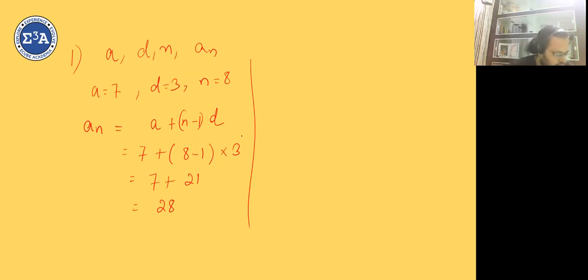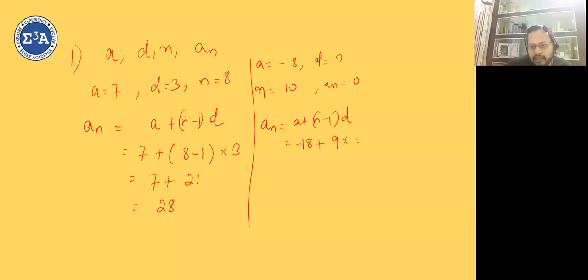Number two: a is given minus 18, d is not given, n is given 10, a_n is 0. So we know a_n is equal to a plus n minus 1 into d. a is minus 18, plus 10 minus 1, 9. d is not given, let it be.